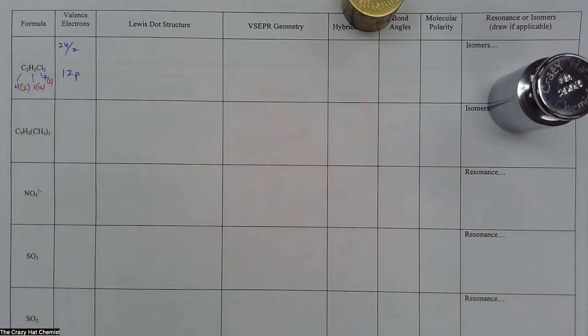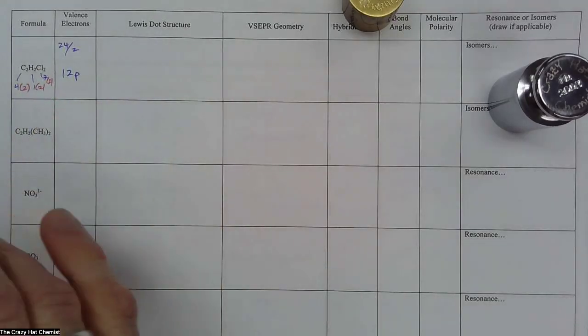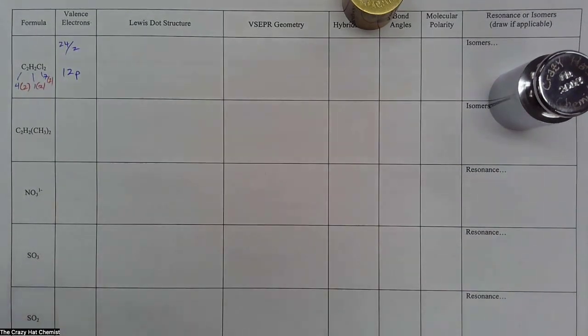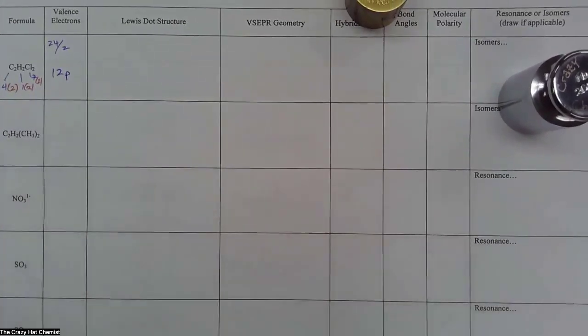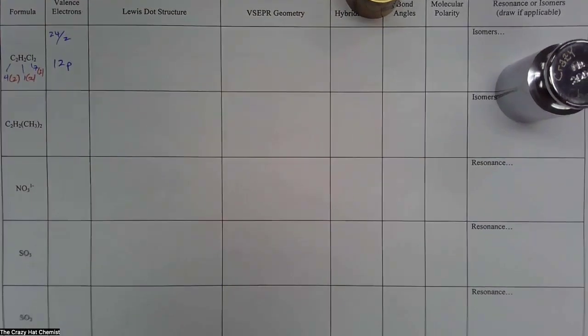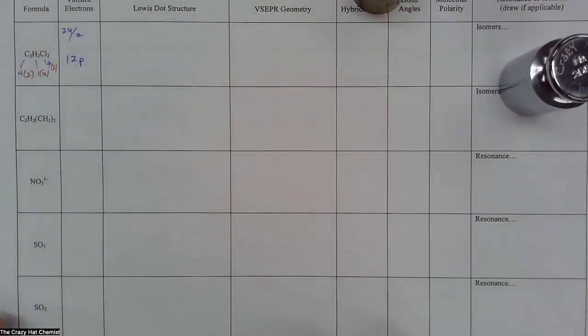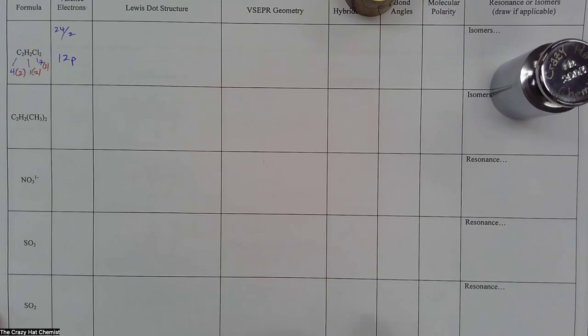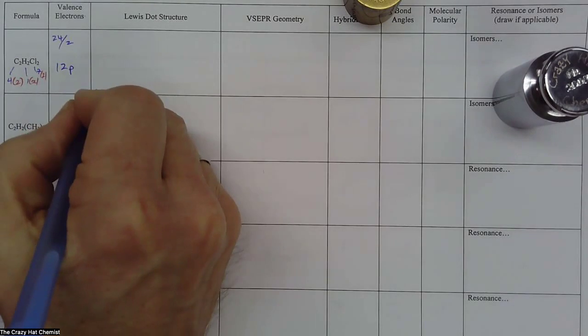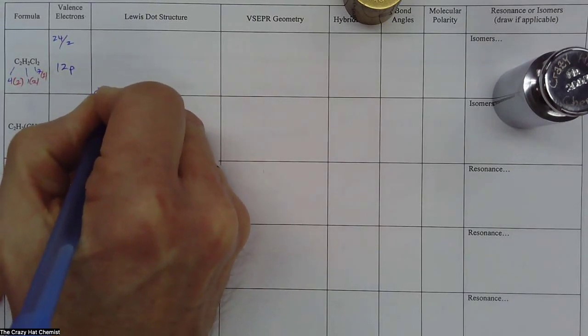This is C2H2Cl2, dichloroethene. Depending on the structure we draw, the name is going to change slightly, but the name itself is dichloroethene.